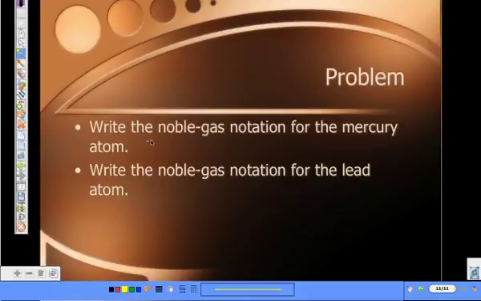So we'll write xenon, and then 6s2, 5d1, 4f. If you count across there, we'd have 14, which is the maximum number of electrons we can hold.